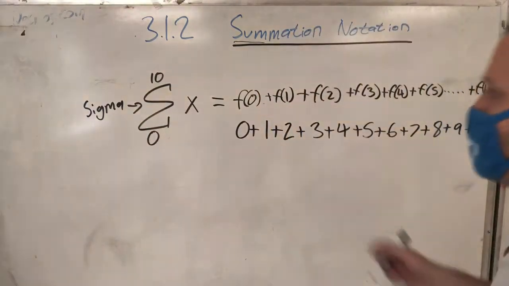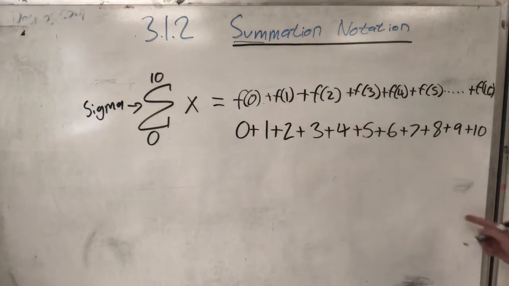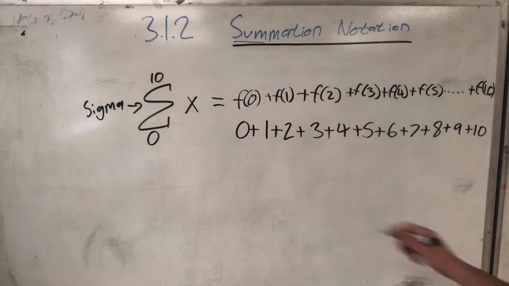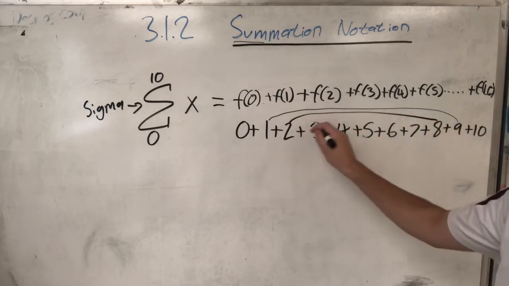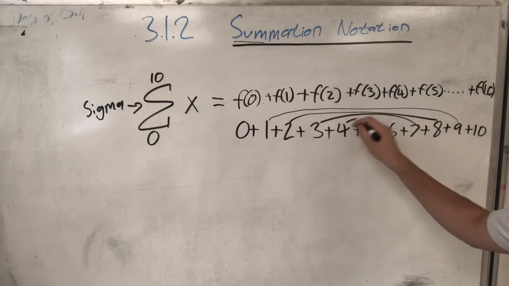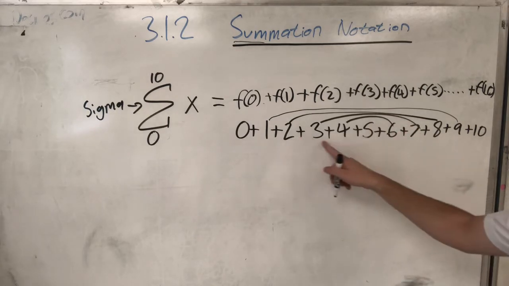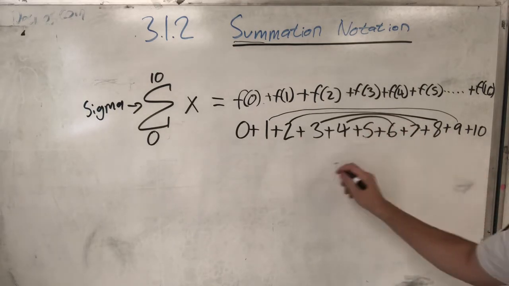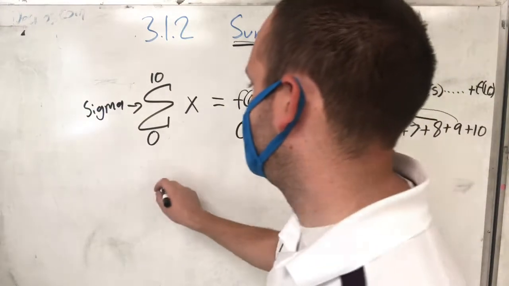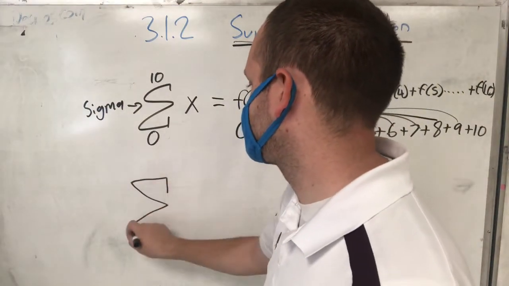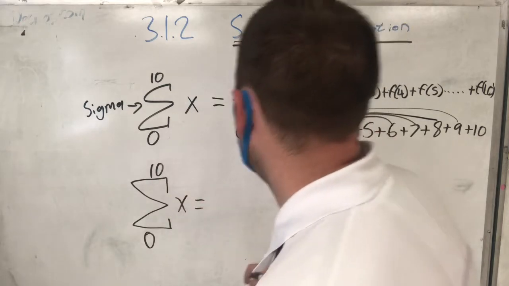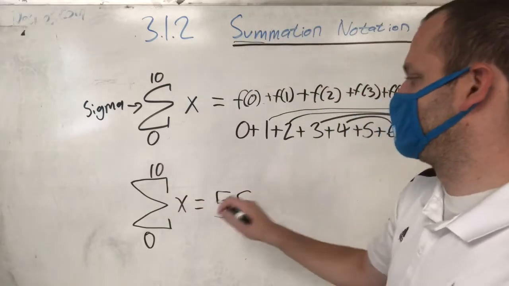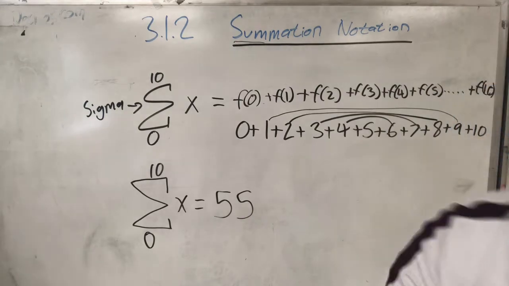In this case, we get 0 plus 1 plus 2 plus 3 plus 4 plus 5 plus 6 plus 7 plus 8 plus 9 plus 10. That's going to equal 55. So the summation from 0 to 10 of x is 55.